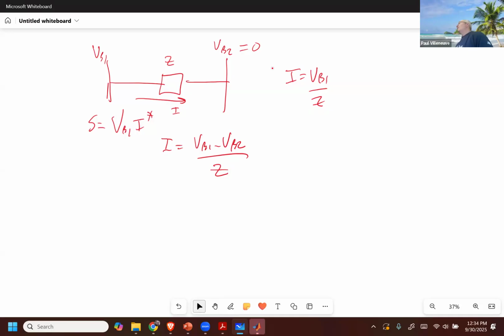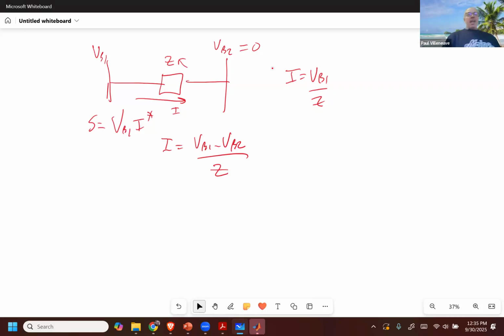It wouldn't do anything useful, right? And what that would tell me is all the power in the system is being dropped in that line. You want as little power as possible to be dropped in the line. So when you calculated the power going from bus 1, it included a little bit of the line losses, but mostly the power is being delivered to bus 2 and whatever loads are attached to bus 2.